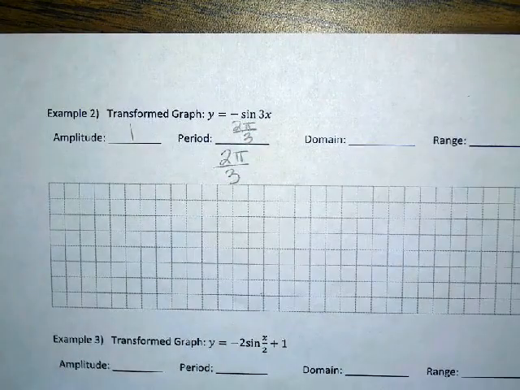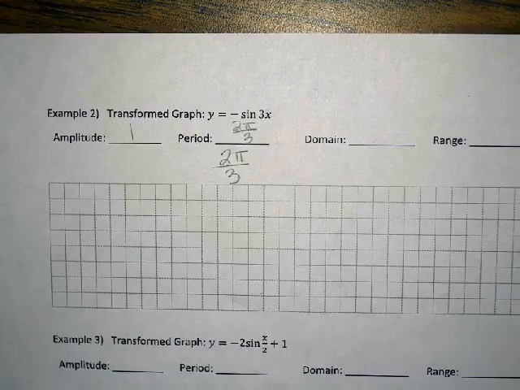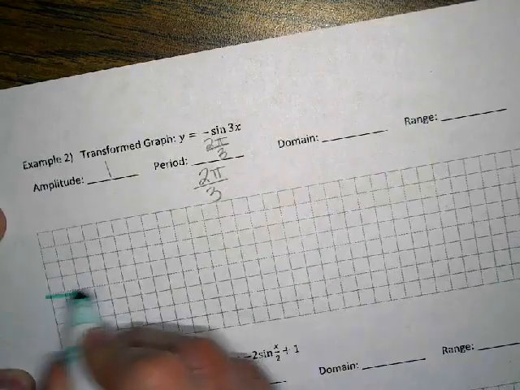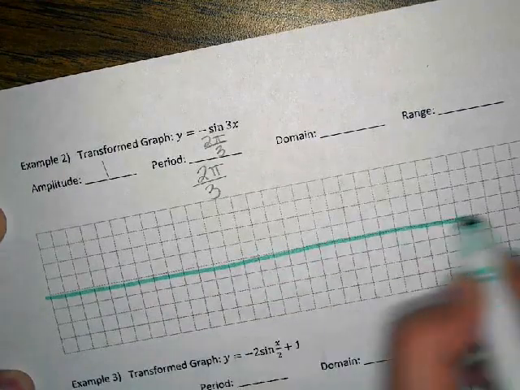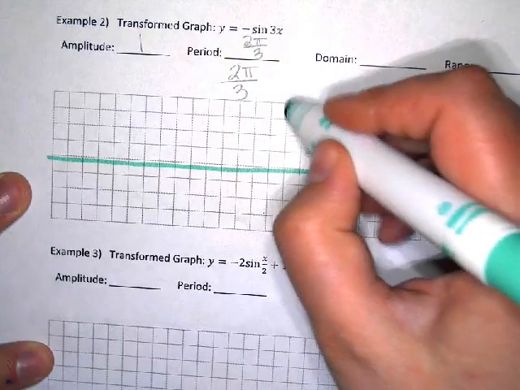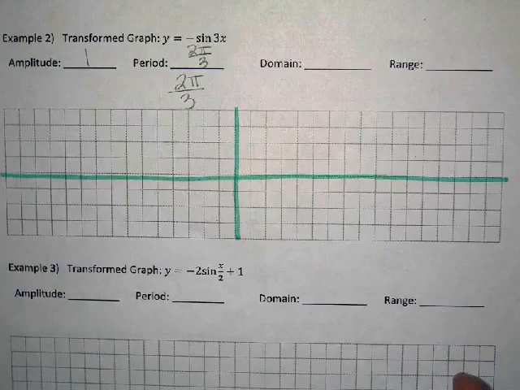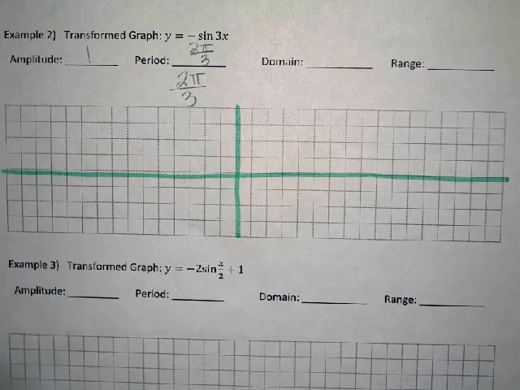Okay, so I'm going to go ahead and draw my lines. Do you guys want to do 4 boxes, 8 boxes, or 12 boxes? 4, marvelous. Okay, so we're going to do 1, 2, 3, 4, and we're going to put 2 pi thirds.